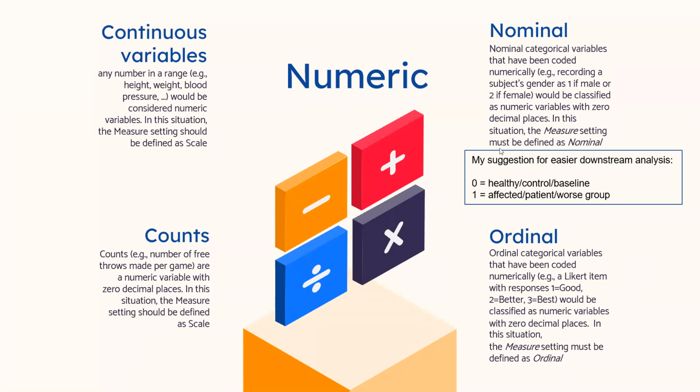My suggestion for nominal is that even if you don't know yet, you may want to do some logistic regression analysis later on. Most importantly, if you want to do binary logistic regression, then you may want to code them 0 and 1 rather than 1 and 2.